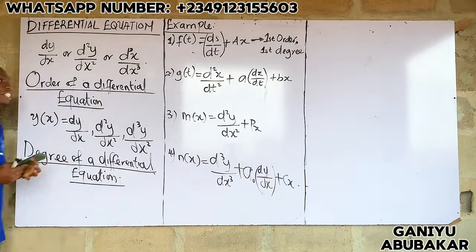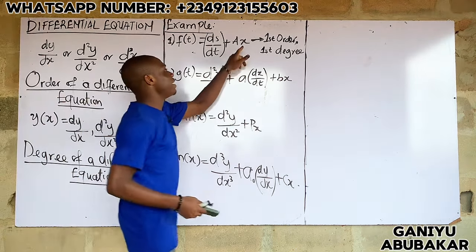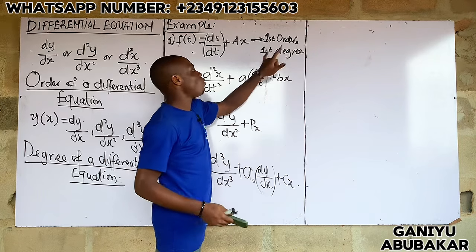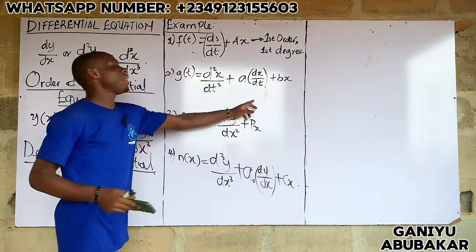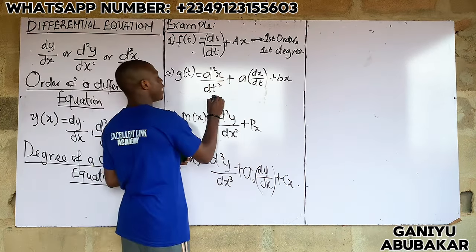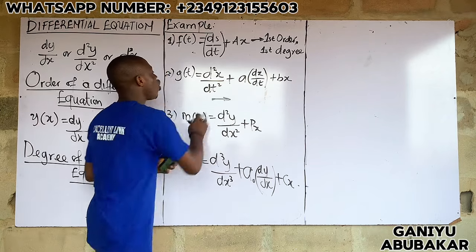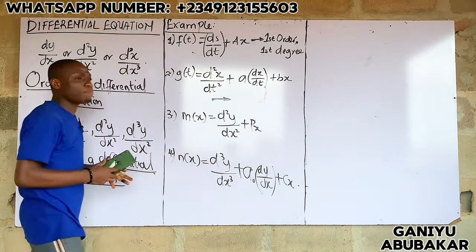So we said find the order and degree. So this equation has first order and first degree. Let's look at this one. How do you solve this? We said get the order and degree. The order here becomes the differential coefficient that has the highest power.